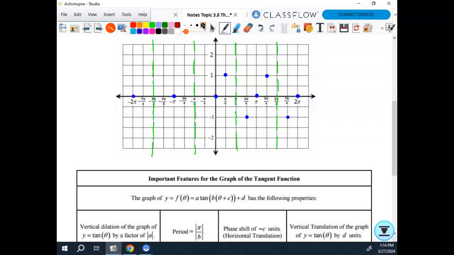So halfway between a 0 and the asymptote on the right, I go up 1 each time. Halfway between the 0 and the asymptote on the left, I go down 1. So then I can get those points in there. That looks really pretty.